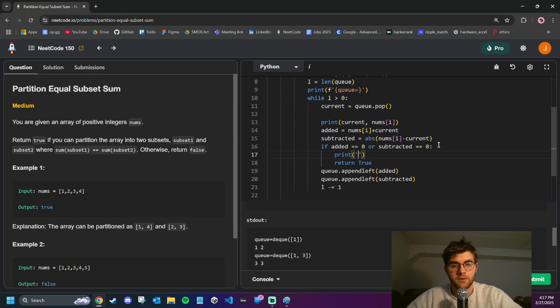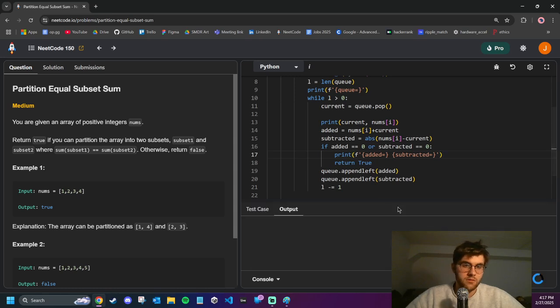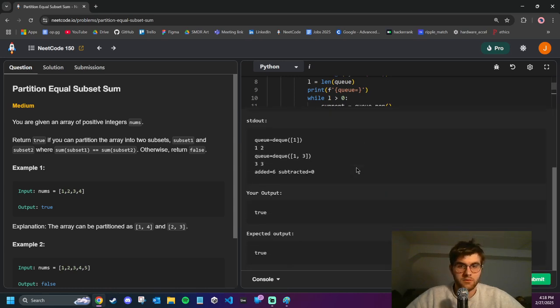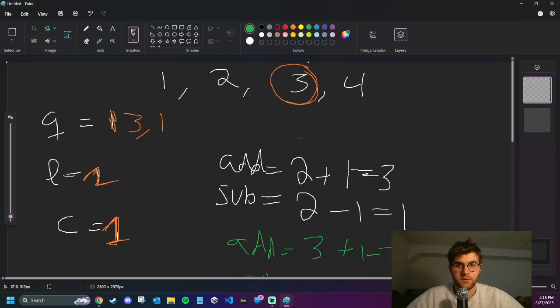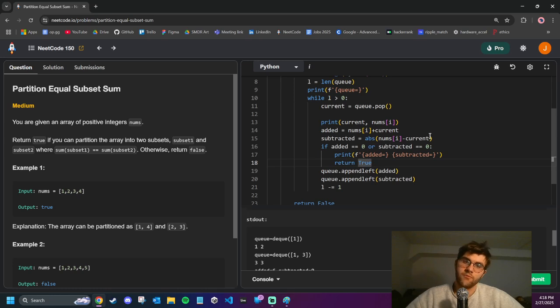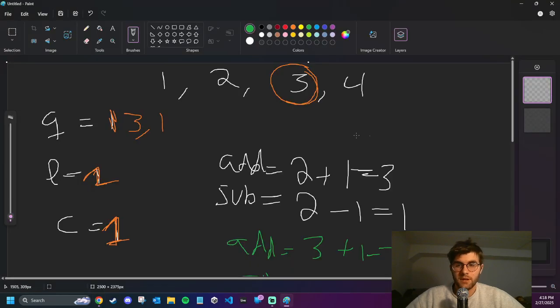Alright, let me print. So subtracted is 0. So nums of I equals current.